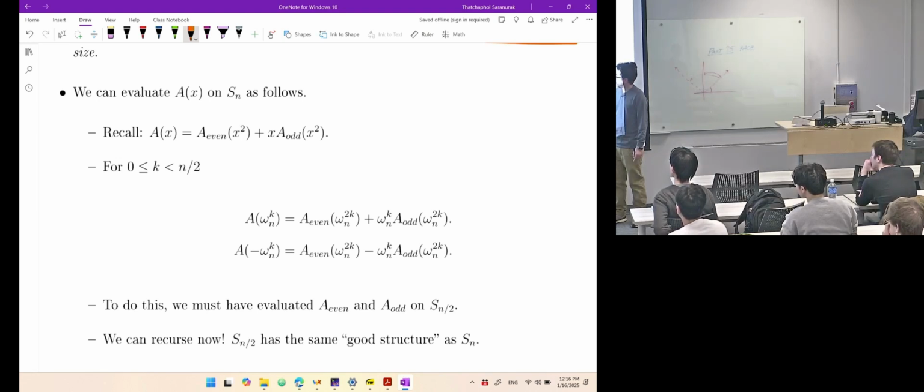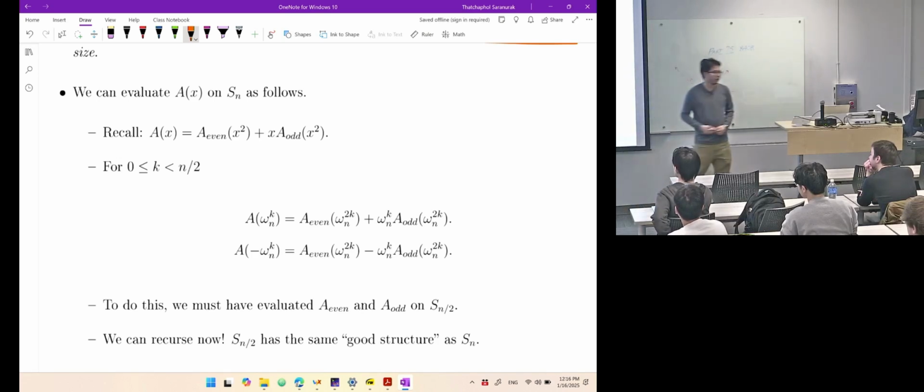Now we can ask ourselves, can we continue our recursive strategy on A even and A odd? The answer is yes, because this n over 2 root of unity has the same good structure that we want as the n roots of unity. They still have these negation pairs of each other.